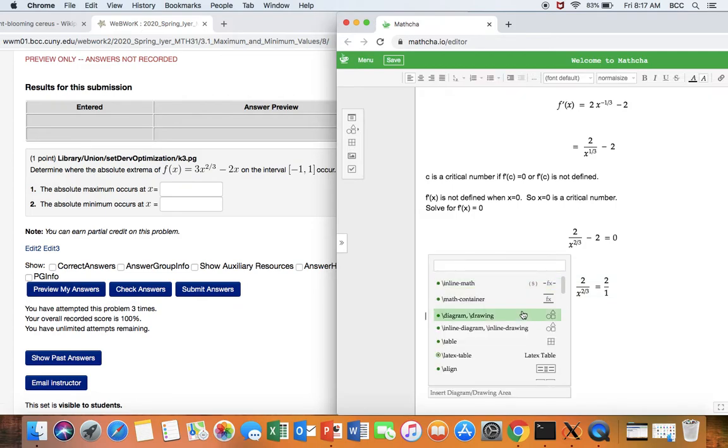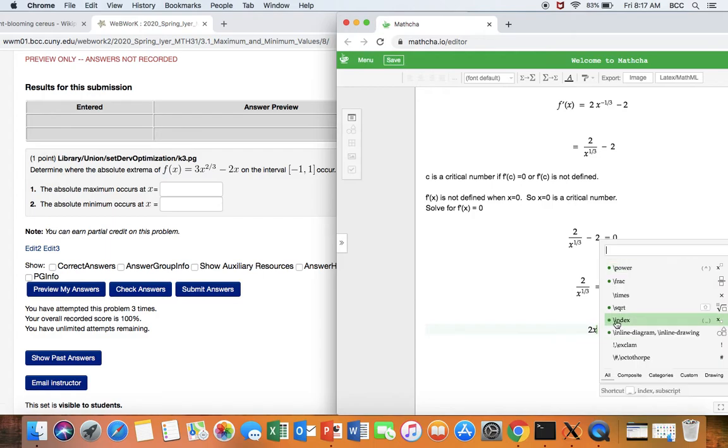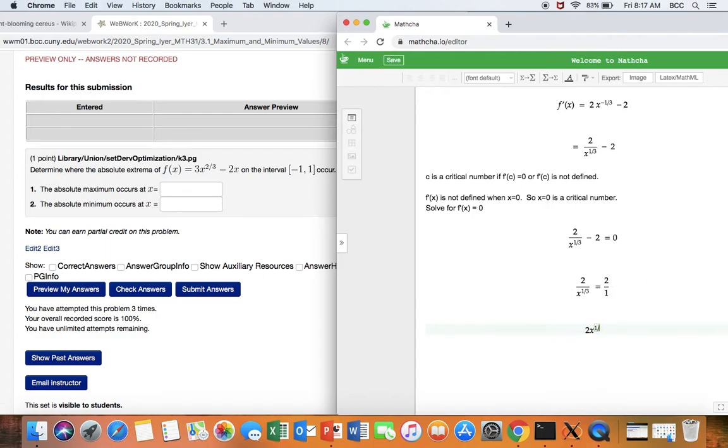So cross multiplying, I get 2 times x to the power, oh, I'm sorry, it should be 1/3. Well, yeah, it was 1/3. So 2 times x to the 1/3 equals 2.